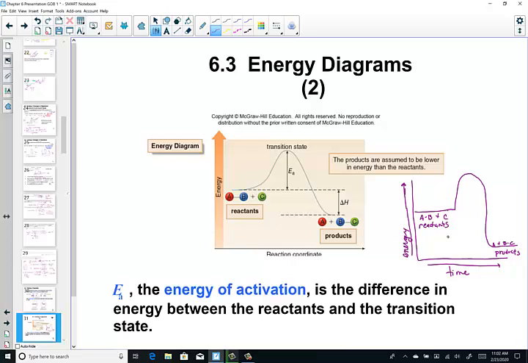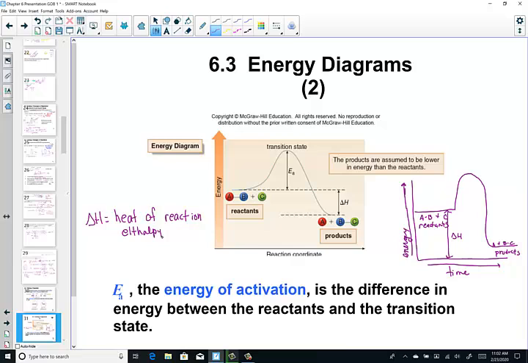The energy difference between the reactants and products, label that as delta H. Delta H, remember, is heat of reaction. It is a thermodynamic property known as enthalpy. And if you just simply remember H standing for heat, you'll be all set.